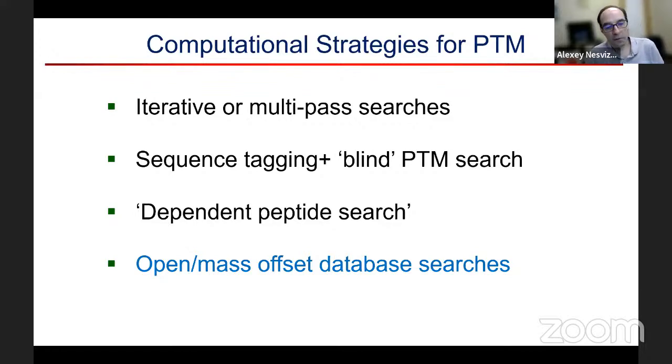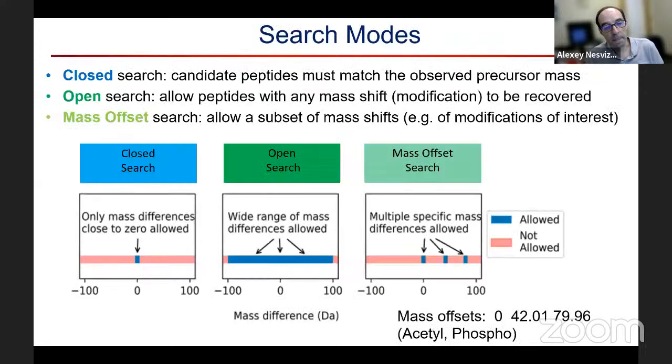So the open mass offset database search strategy is a highly efficient strategy that's also very, very simple conceptually in a way. And that's why we really like that. It's illustrated on the slide that you see here.